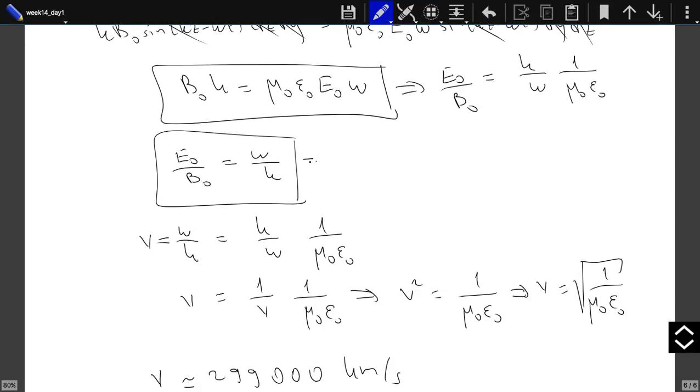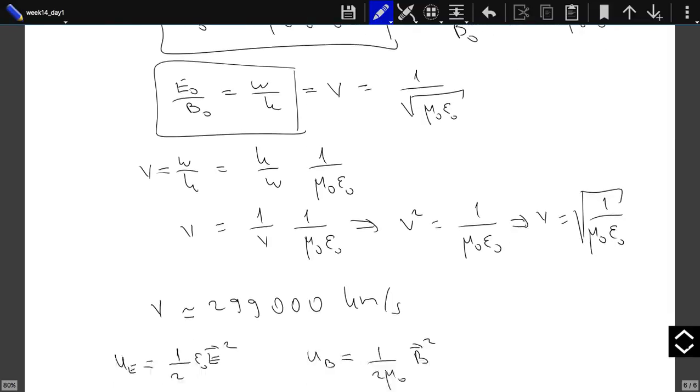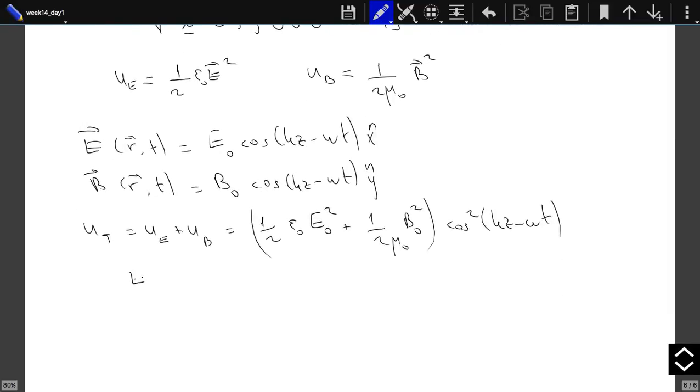But let's see. This is equal to V, E0 over B0, which is 1 over square root of mu 0 epsilon 0. Or E0 is equal to, let me just use the symbol C times B0.